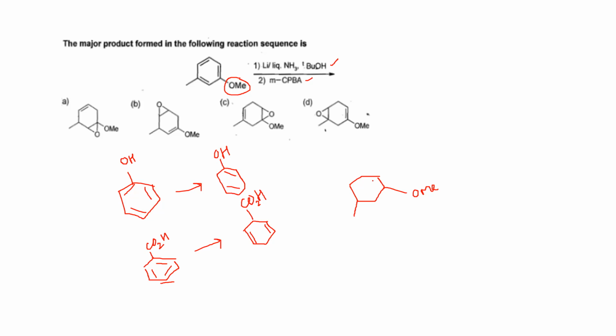So if we look from this side, just look from this side, this double bond is conjugated with the OMe. Whereas if you look from this side, this double bond is conjugated with the methyl. So you can draw the product directly, just by seeing whether it is electron donating or withdrawing, this is the shortcut.